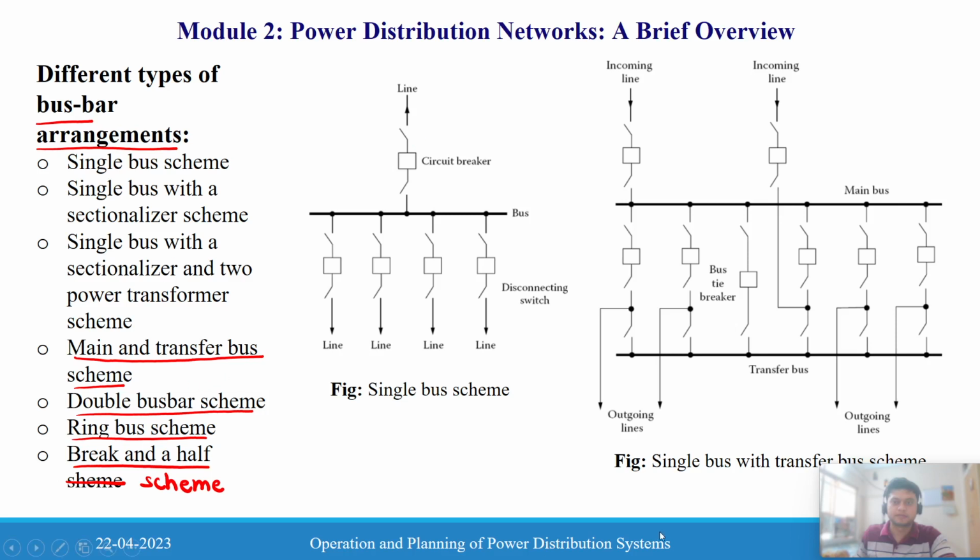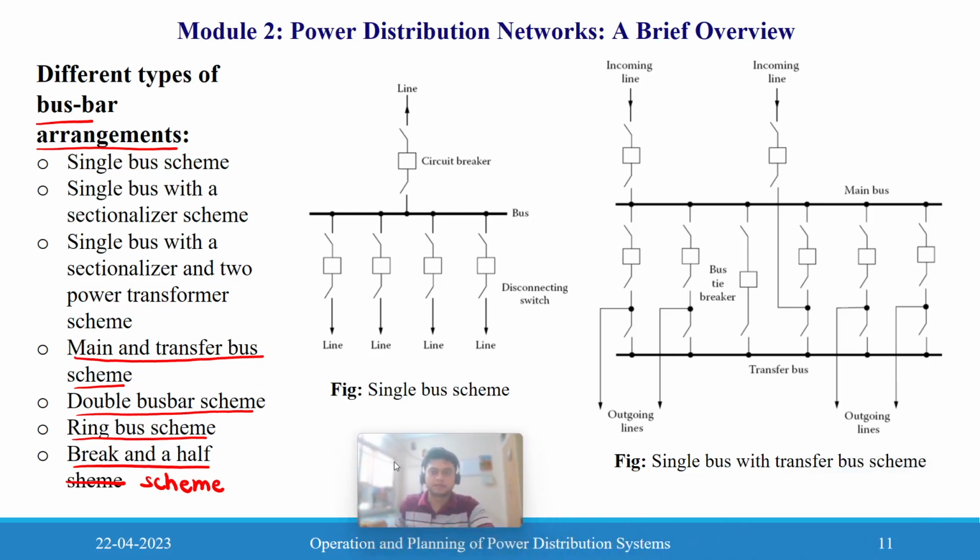In the single bus with transfer bus scheme, we have a main bus along with a transfer bus. The main bus is always energized, and this bus tie breaker is normally open.